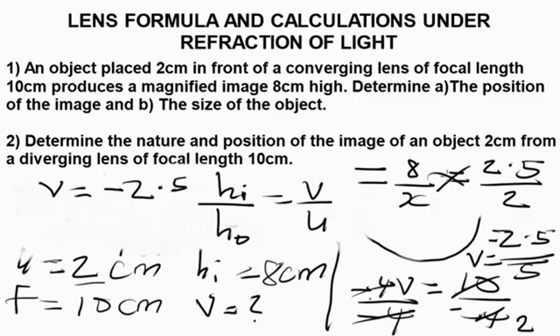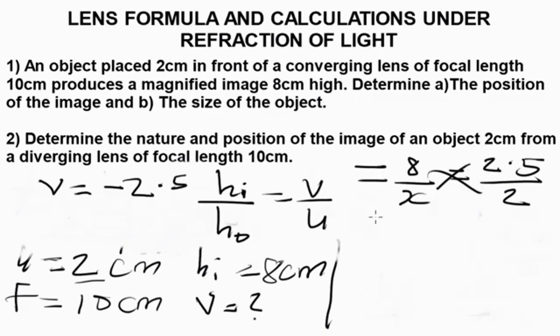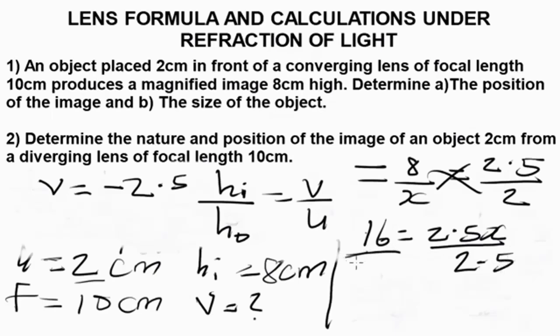So when you cross multiply, let me write below. You're going to have 8 times 2 will give us 16, because 2.5 times x gives 2.5x. So you divide both sides by 2.5, so this will cancel this.